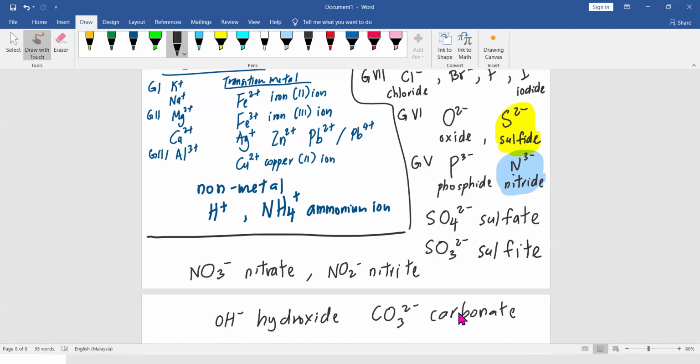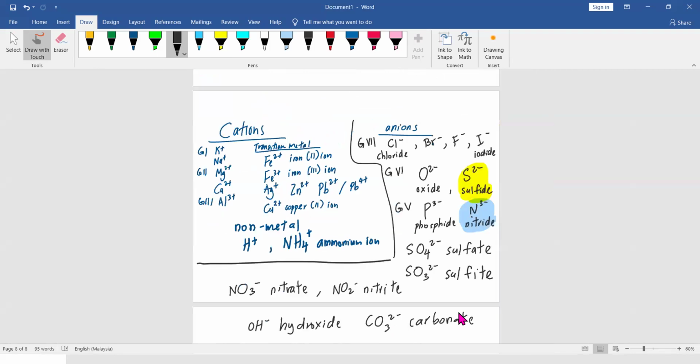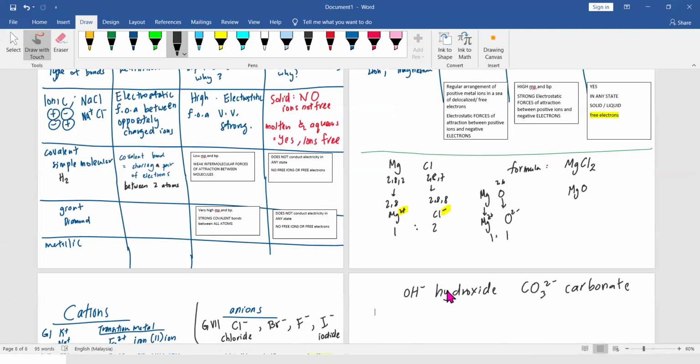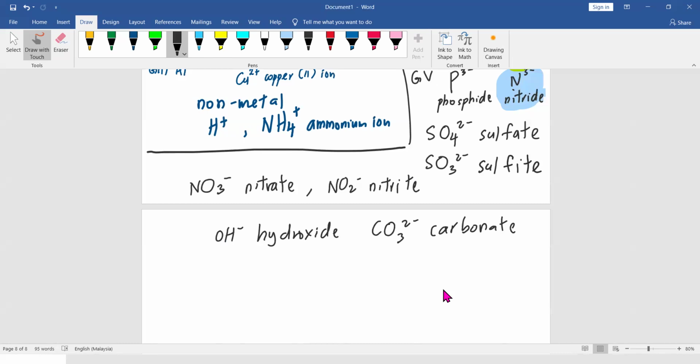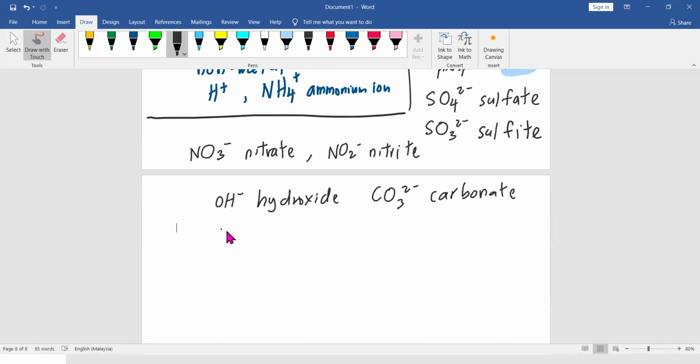Okay, two more only. HCO3- is bicarbonate or hydrogen carbonate. And finally, there's one more I can't remember. Or phosphate.